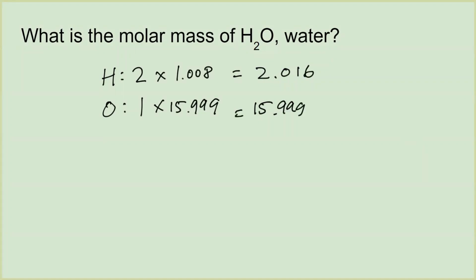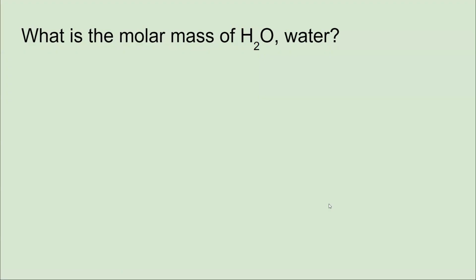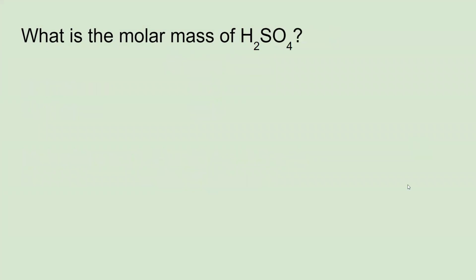Plus 15.999. Okay, now we need to add these together. When we add those together, it is 18.015 grams. That's our molar mass for water. If we had a mole of water, it would have a mass of 18.015 grams.